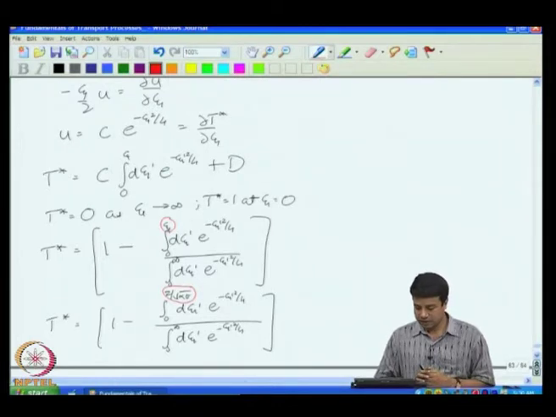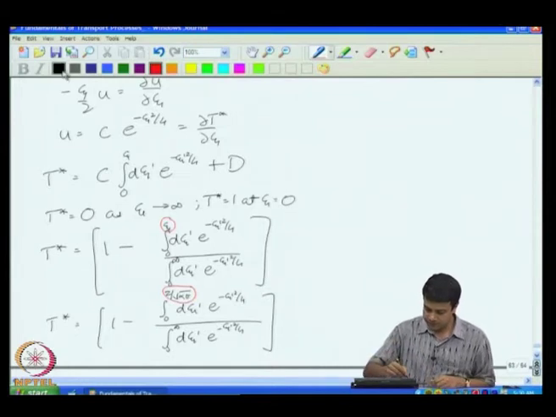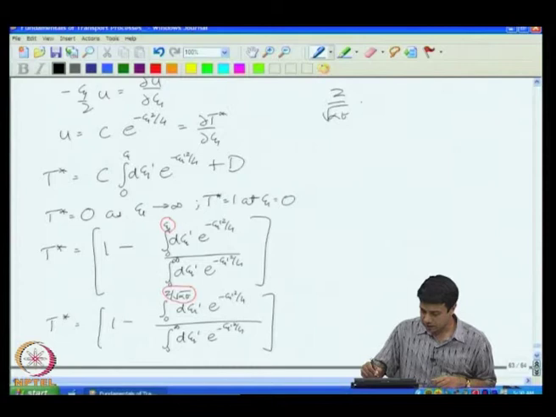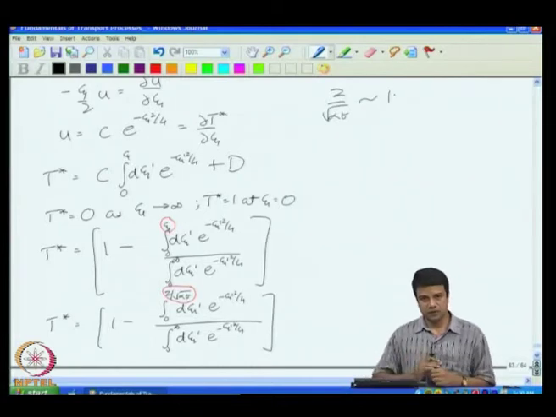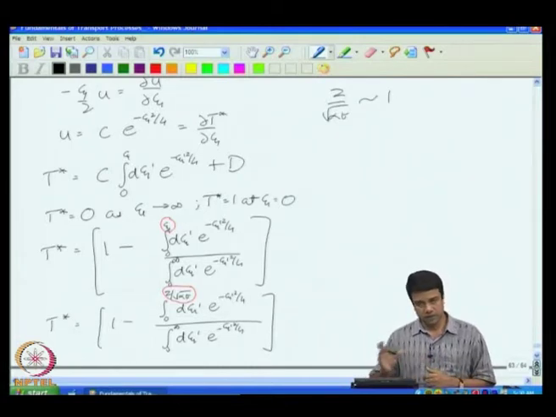Clearly, as z by root alpha t becomes larger and larger, in the limit as it goes to infinity, the temperature will go to 0. The temperature deviates significantly from 0 only when z by root alpha t is approximately 1, of order 1. If it becomes large, there is virtually no deviation from 0.